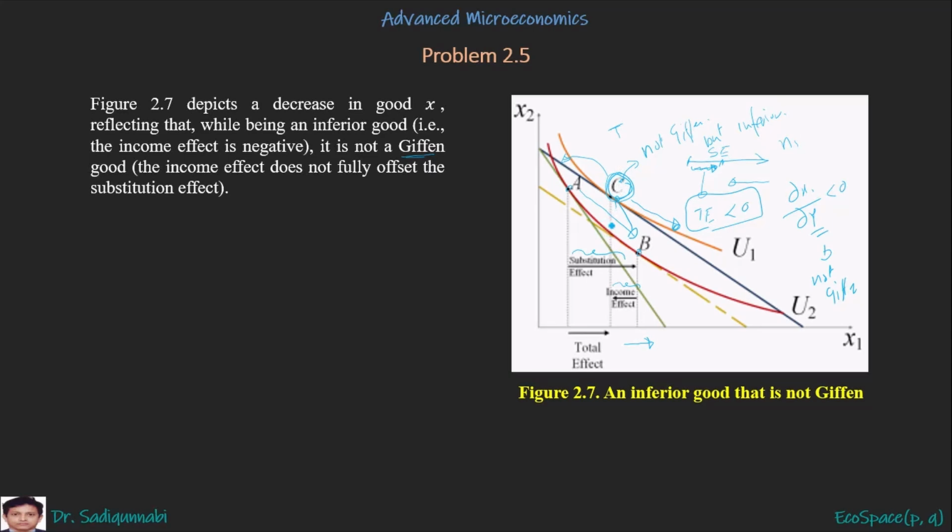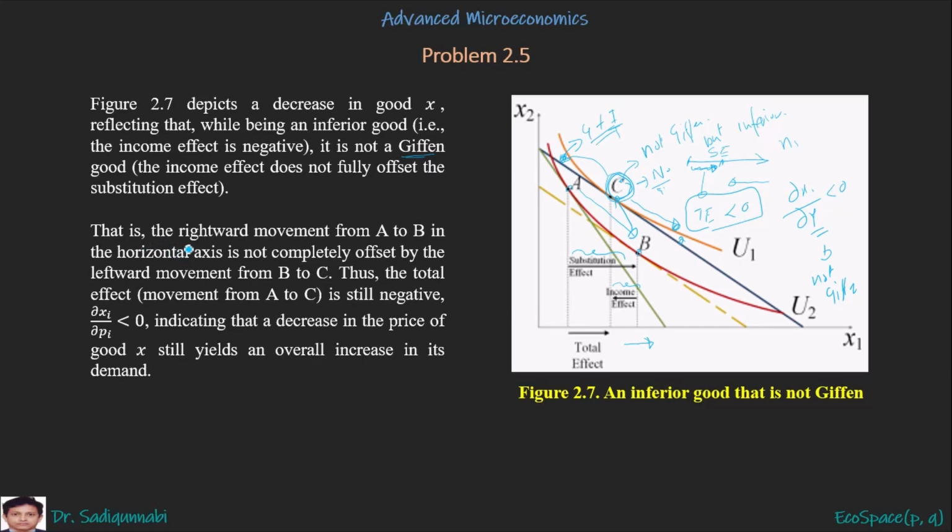When C lies behind A, it is Giffen plus inferior, G plus I. If C lies between A and B, it is non-Giffen but inferior. If C lies to the right of B, it is neither Giffen nor inferior. This is the general idea of Giffen good and inferior good.